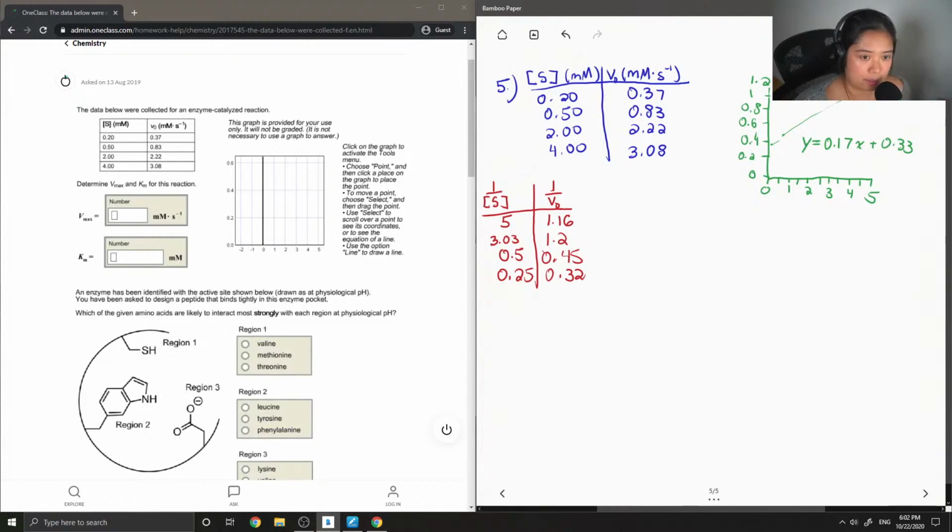So basically, 1 over Vmax is equal to your 0.33 value. So therefore, we can calculate Vmax, and it'll be equal to 3.0.